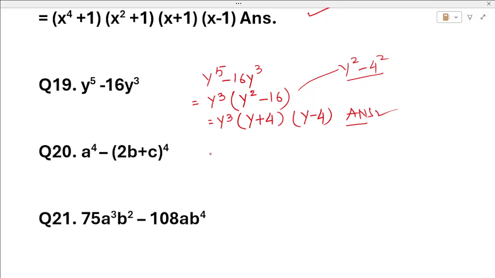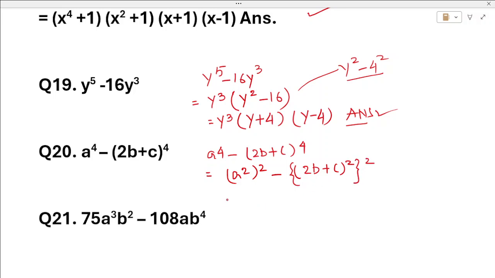Okay, now come to this question number 20. It is a to the power 4 minus 2b plus c to the power 4. No problem. Express it as a square of two terms, not sum and square. Express it as square of two terms. Okay, this thing, and 2b plus c square of another square.